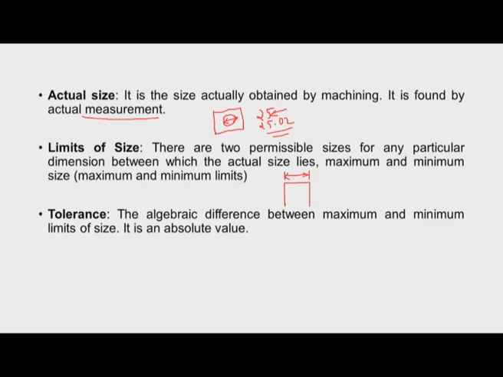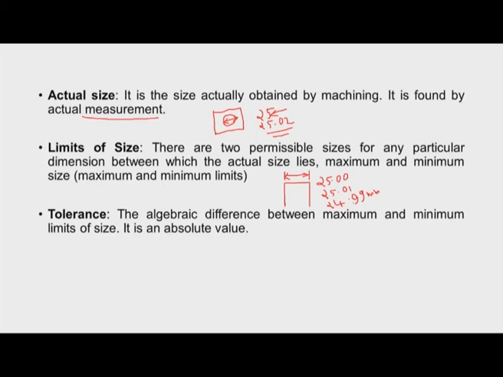Now, for this shaft the basic size, say it is 25 mm as suggested by the design engineer, and he also gives some tolerance, it may be 25.01 mm or it can go below 25 to 24.99 mm. So, this is called the upper size or maximum size of the shaft, and this is the minimum size of the shaft.